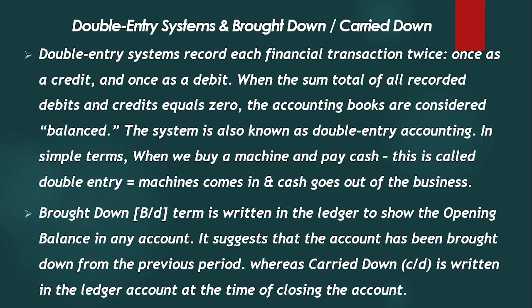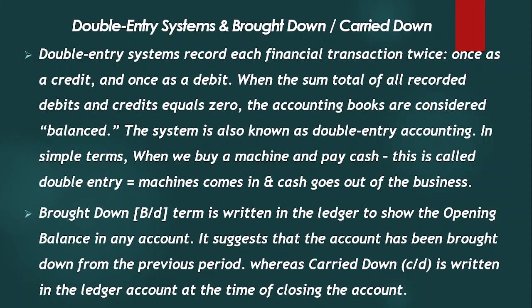This system is also known as double entry accounting. In simple terms, when we buy a machine and pay cash, this is called double entry. Machines come in and cash goes out of the business.